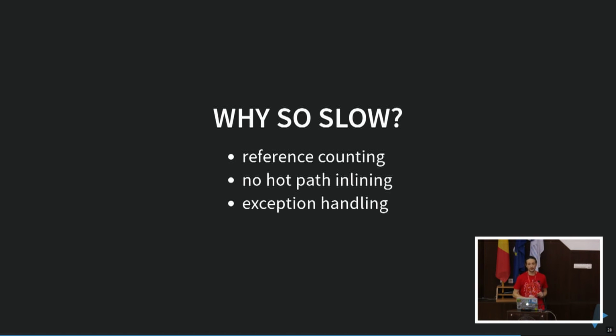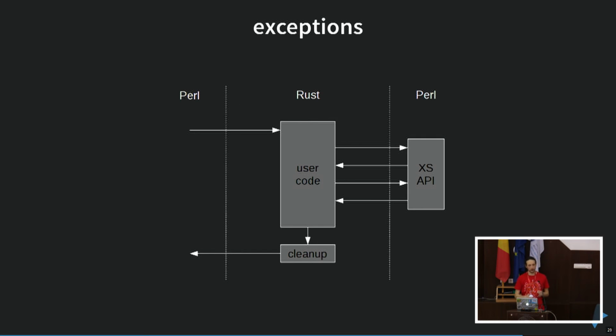And the third one is exception handling, because both Perl and Rust have exception handling, and because we have reference counted variables on the stack, we need to clean them up if an exception happens. So consider this example where we have Perl code calling into a Rust subroutine, and the Rust subroutine is calling into XS code.